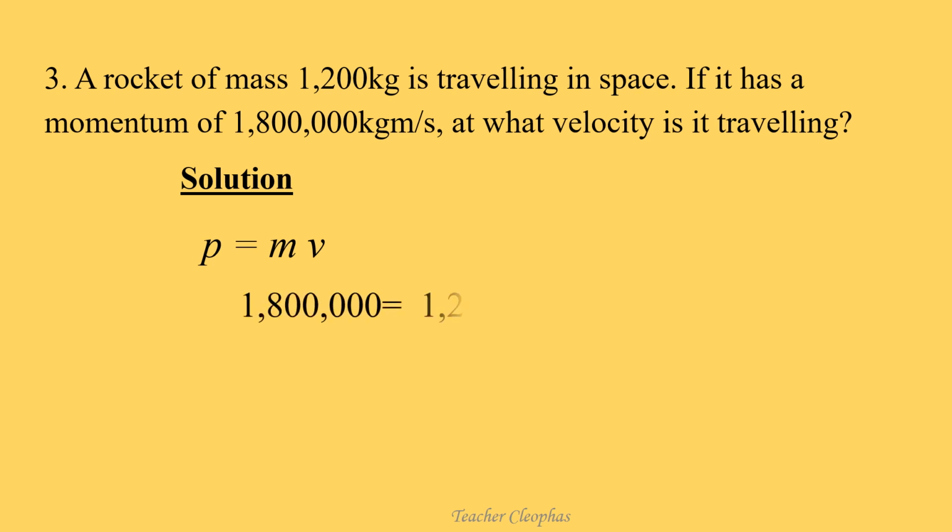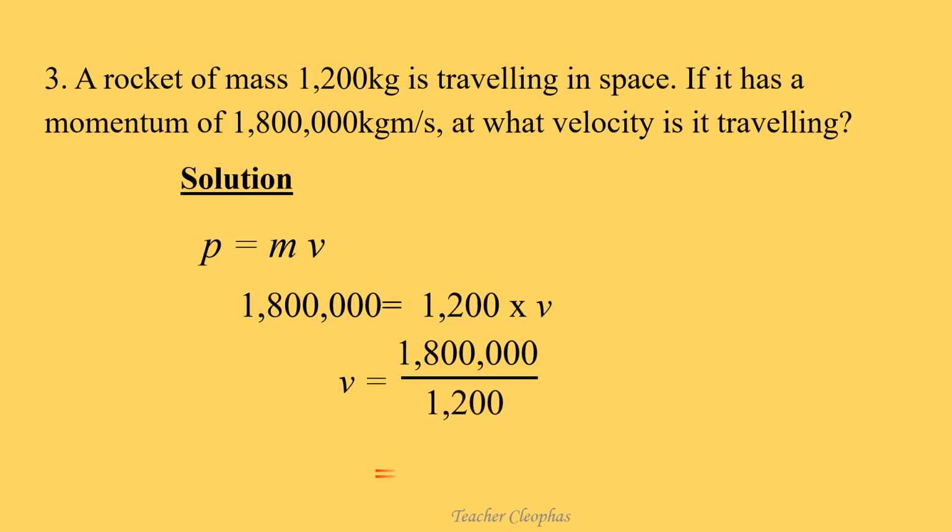So we have 1,800,000 kilogram meters per second equals 1,200 kilograms times the velocity that we are looking for. So it means that velocity equals 1,800,000 divided by 1,200. Therefore, this is equal to 1,500 meters per second. So that is the velocity at which the rocket is traveling.